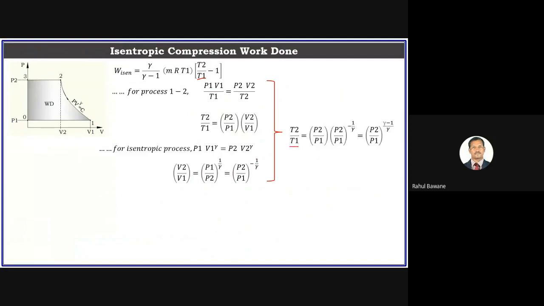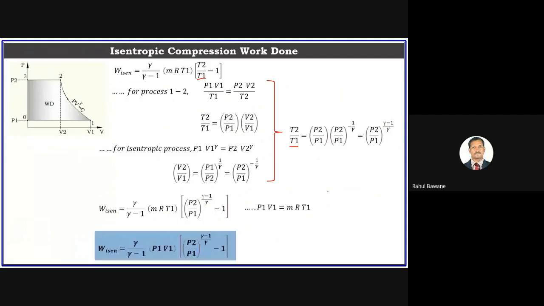Replacing this, the temperature ratio T2 upon T1 will be P2 upon P1 raised to gamma minus 1 upon gamma. So our isentropic work done is gamma upon gamma minus 1 mRT1, which can be replaced by P1 V1 in bracket P2 upon P1 raised to gamma minus 1 upon gamma, minus 1. So if we replace mRT1 by P1 V1, it will be our final equation.